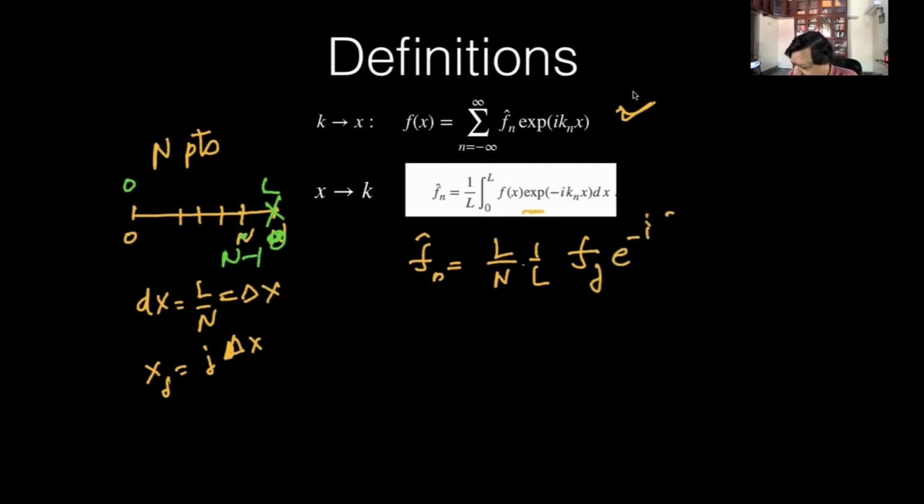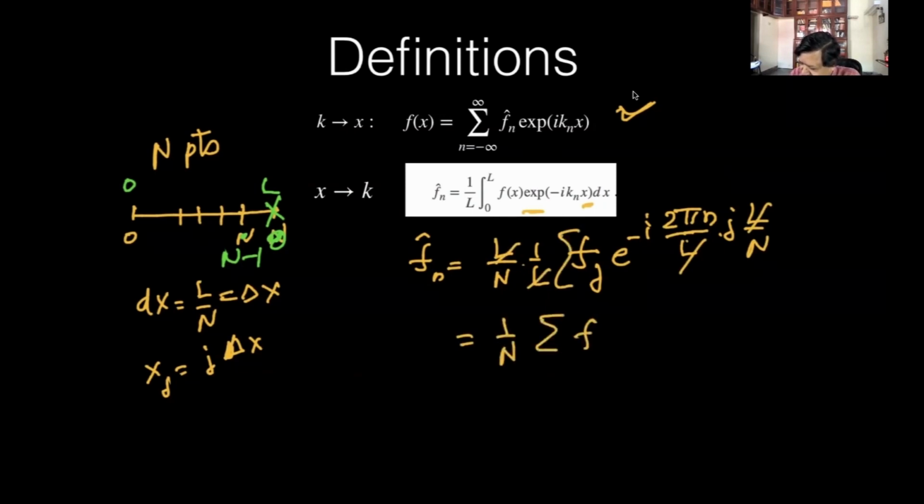Now kn, remember, I said is 2 n pi by L. Now for xj, j times dx is L by n. This cancels, and this L will cancel with this. So 1 by n, and there's a sum as well: sum over j of fj, exponential of minus 2 pi by n, i, where this i is square root of minus 1, times n j. Okay, so this is what we get as the argument for the exponential.